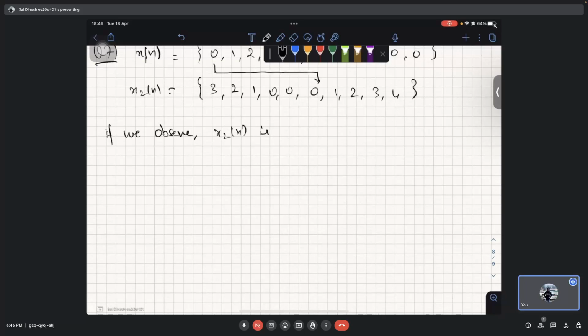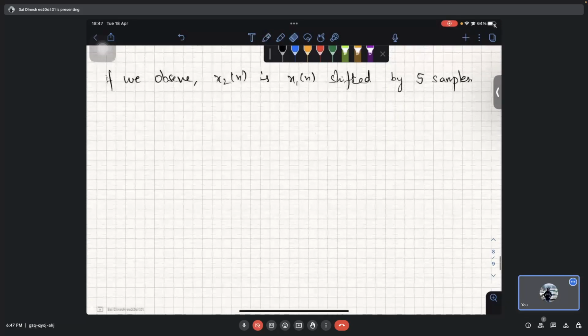x2 of n is x1 of n shifted by 5 samples, right?